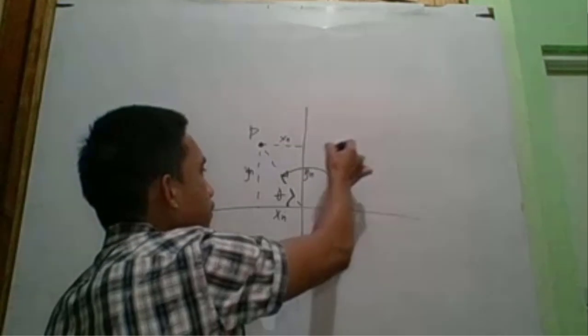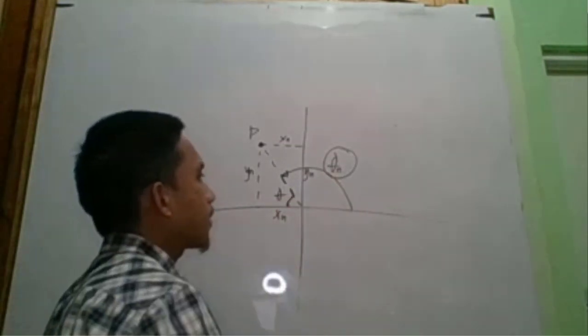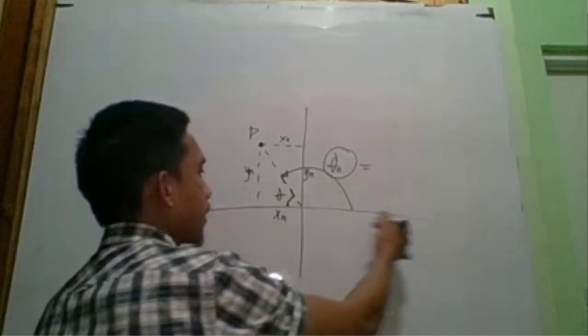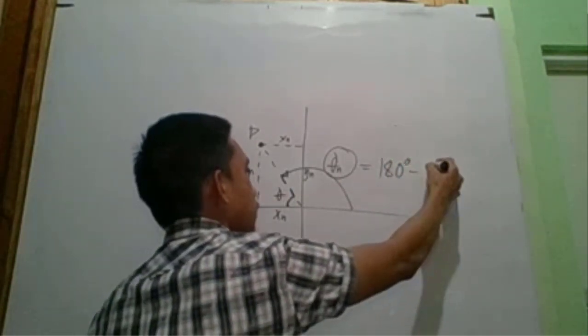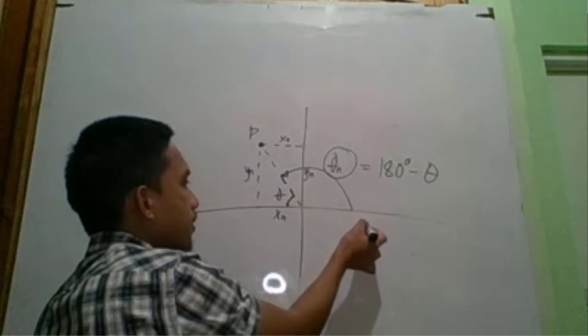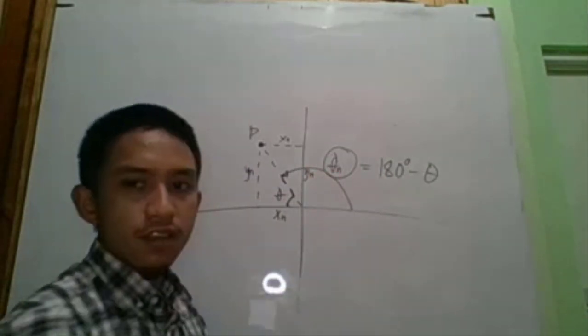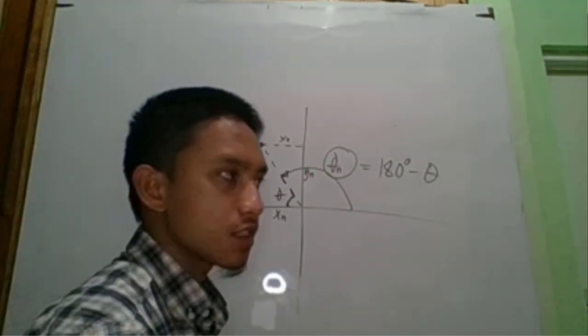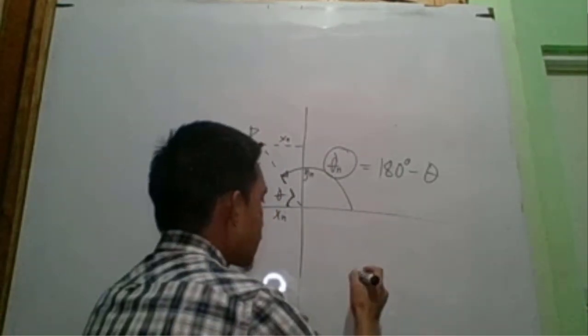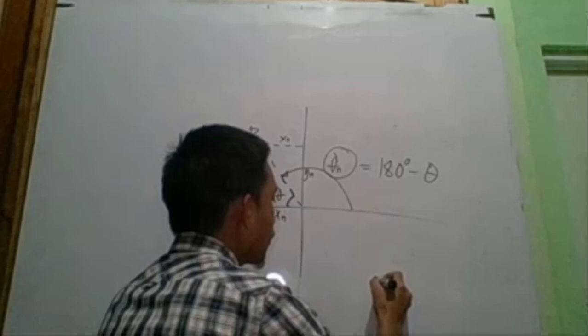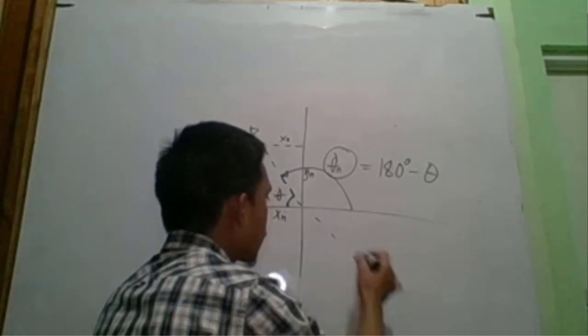So how do you find your theta sub n? Knowing your theta, this is a straight line, isn't it? 180 degrees minus whatever theta you solve, that is the theta sub n. That's why I did not write it there as is, because that depends on the quadrant. Okay, let's say you have your point here.